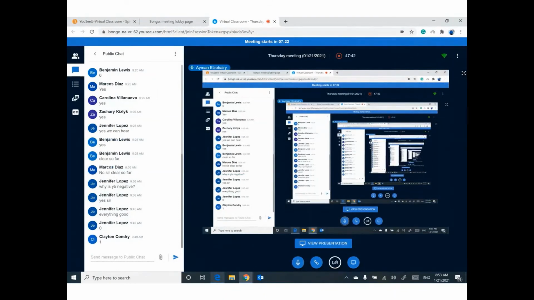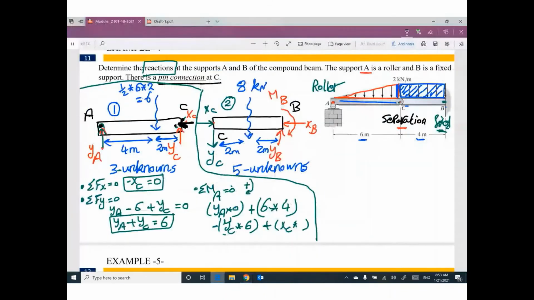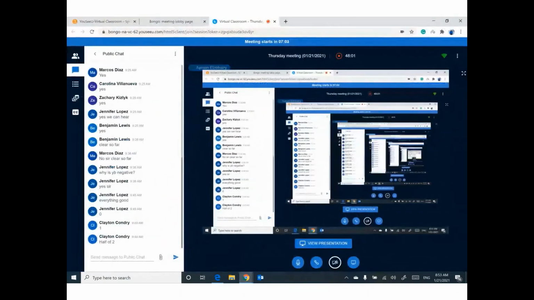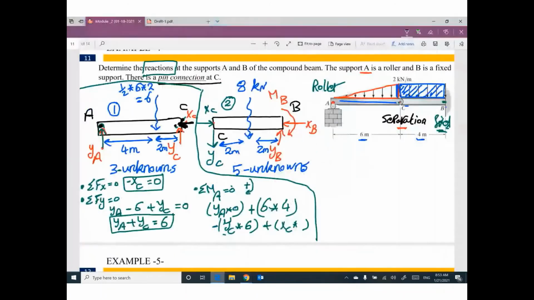Why 1, Clayton? How did you get 1? What is the meaning of 1? I cannot see any distance equal to 1 for this problem. So how did you get it? Half of 2. Which 2?